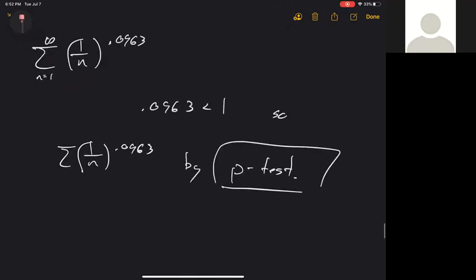Maybe we could have a constant outside, like a times 1 over n to the power of p, something like that. That's fine. But I don't want to give away too much, just be careful what you're considering a p-test, all right? P-test refers to a very specific thing. All right, so that's one thing I wanted to mention.